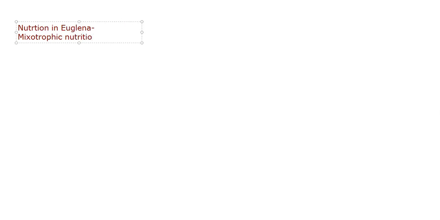Mixotrophic nutrition is a type of nutrition where the organism shows both autotrophic and heterotrophic nutrition, but not at the same time.